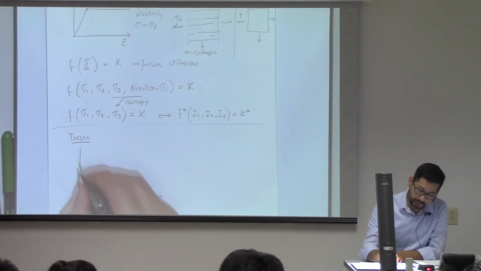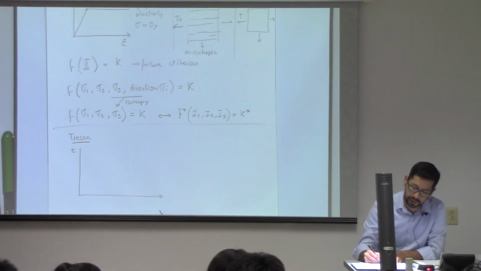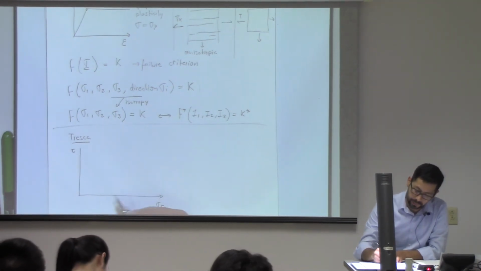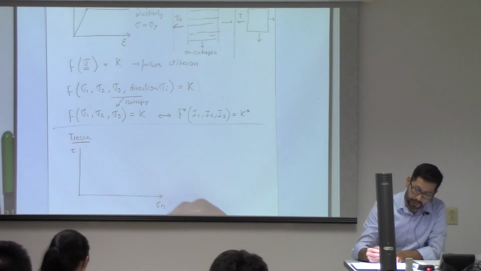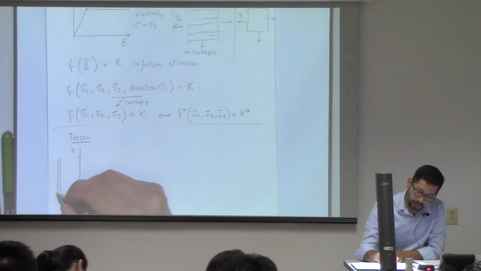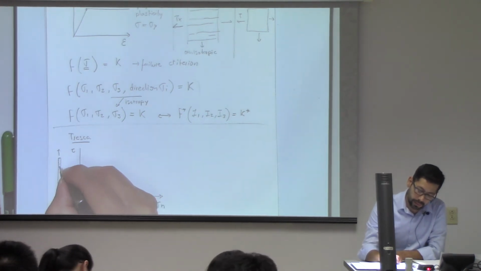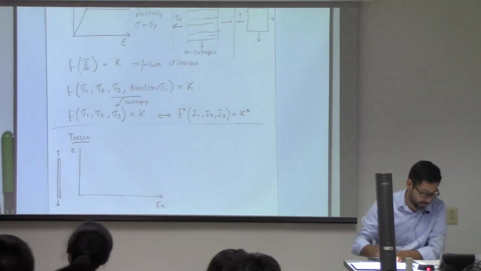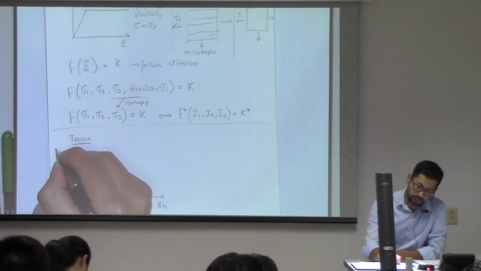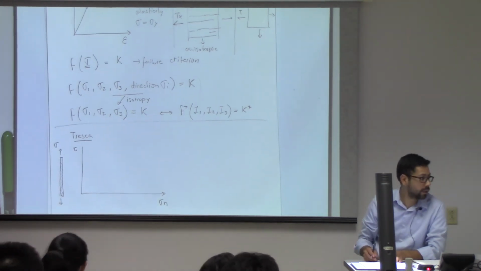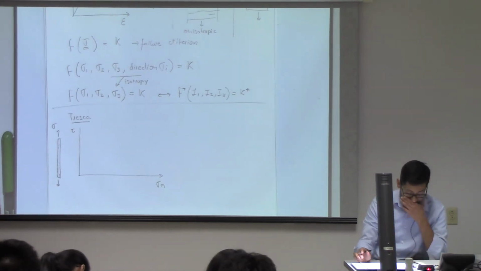The Tresca Criterion says that if you plot shear stress and effective normal stress, and for example you're doing a tension test on a bar where this is sigma, and it's going to be sigma n, because this is just a tension test.